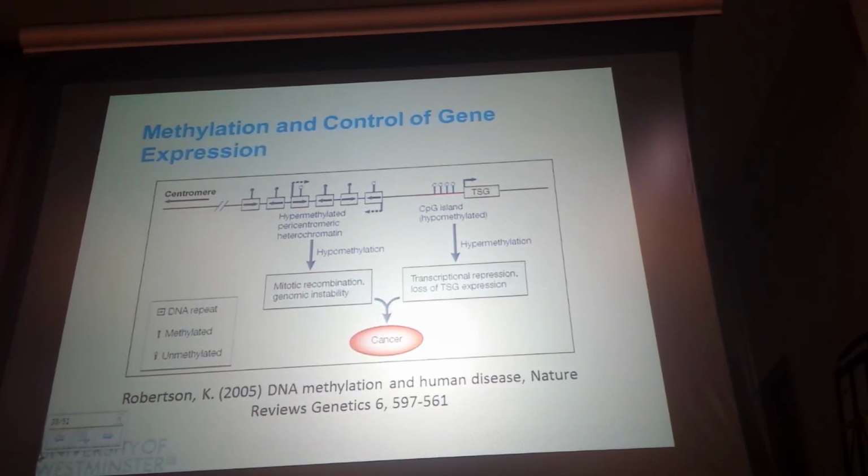That's exactly what I've just explained. You can have a CpG island, which is a region where you have the promoter, and in cancer you can have this promoter that is hypermethylated, so the genes won't be expressed. So a tumor suppressor gene has a normal function to inhibit cell growth.